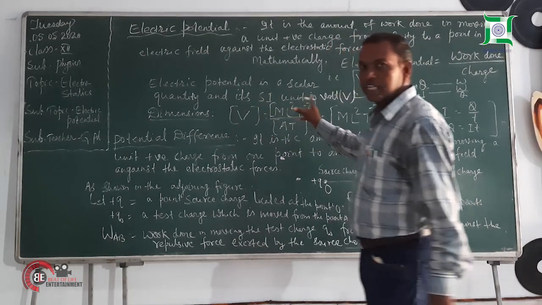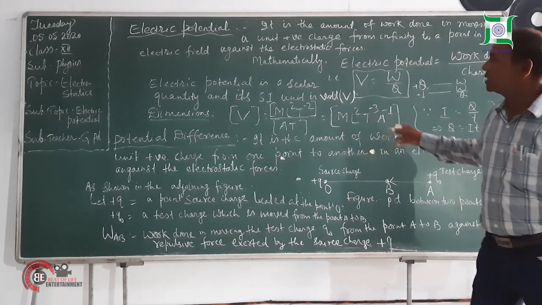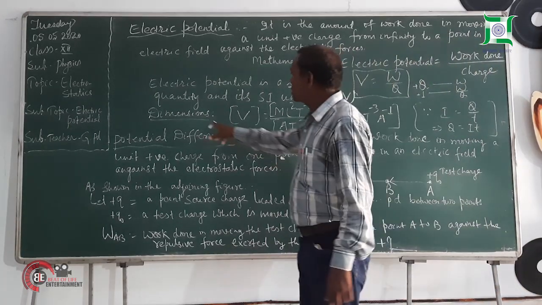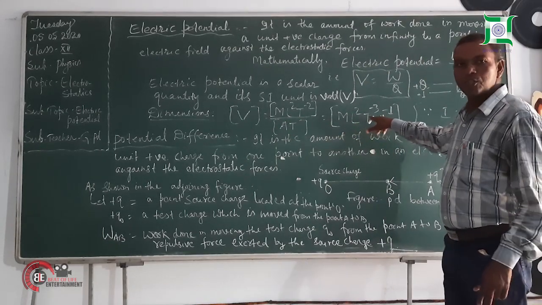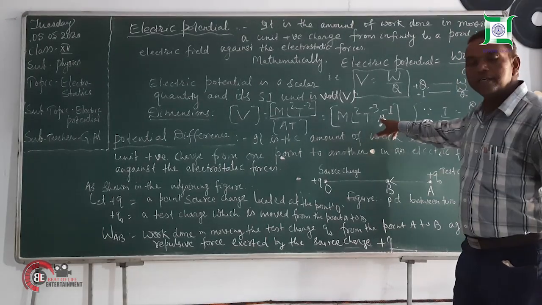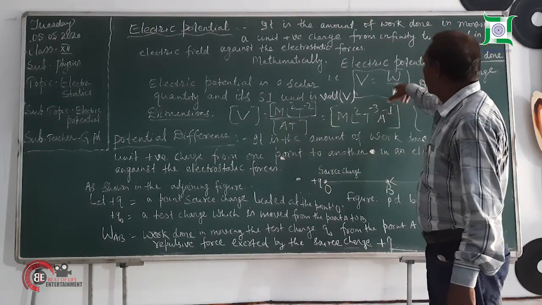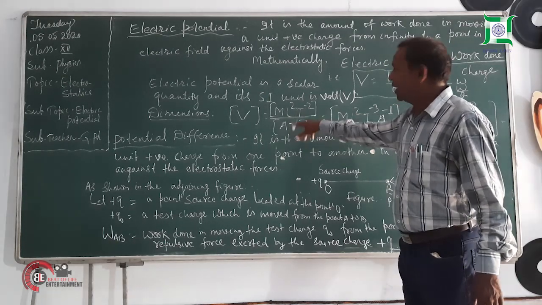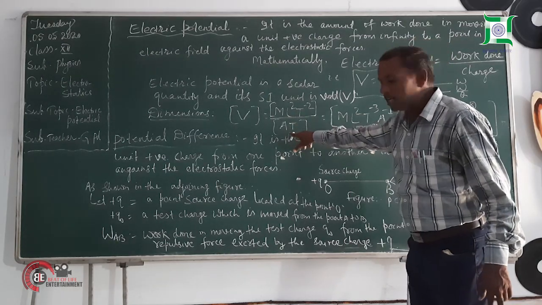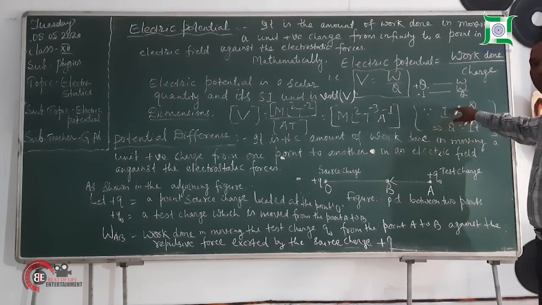It is a scalar quantity and its SI unit is volt. Its dimension is ML squared T to the power minus 3 A inverse. As V is equal to W by Q, I have written here the dimensions of work and the dimensions of charge.